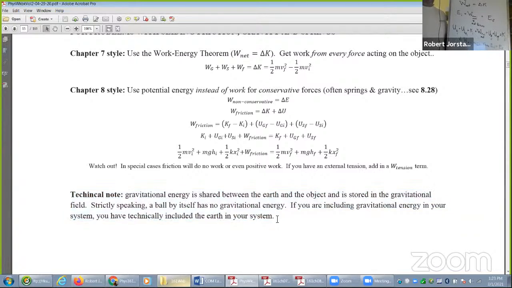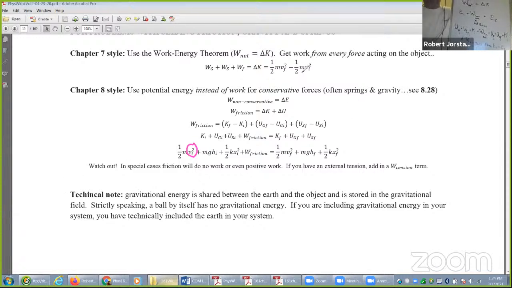If you have a ball and the Earth and you drop a ball, technically the Earth does come up to meet it, but the motion associated with the Earth is so negligible, it's ridiculous. And I don't know if you remember, because there's a v squared, if the speed of the Earth is so tiny, then you square it, it's really tiny. So ignoring the kinetic energy associated with the Earth is typical in these problems.